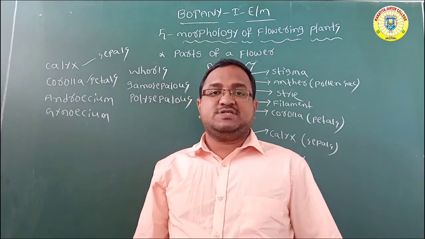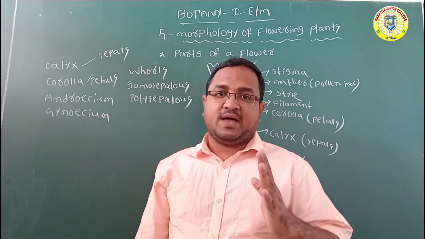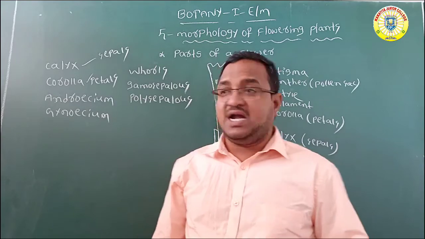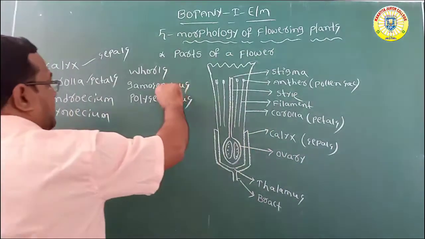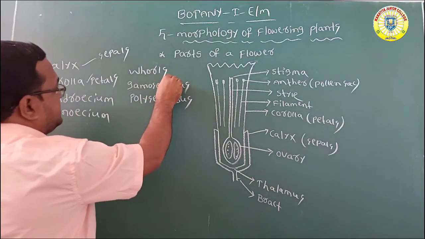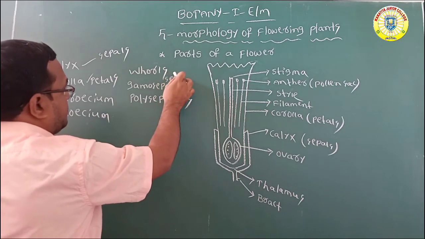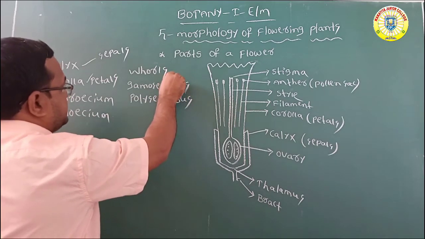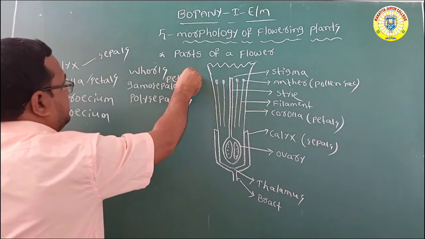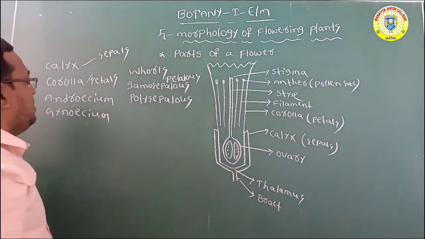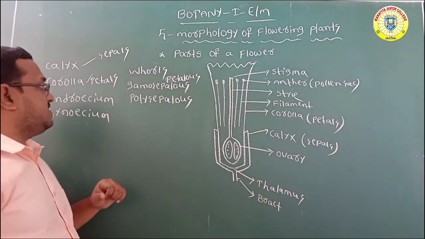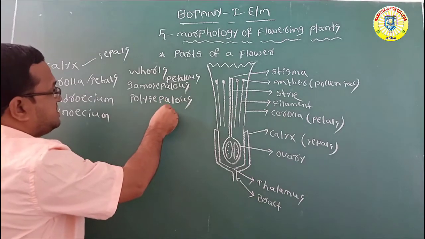Suppose the petals of the corolla are united, they are called gamopetalous. If the corolla petals are free, they are polypetalous.